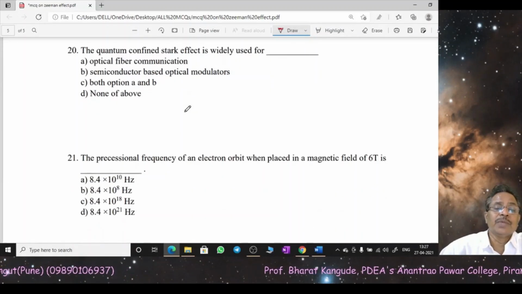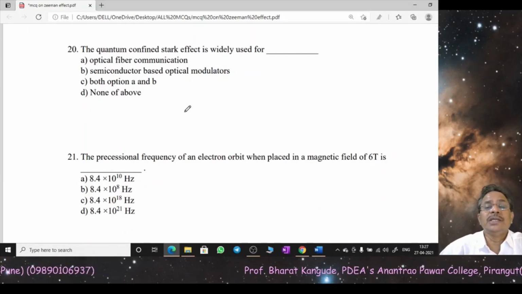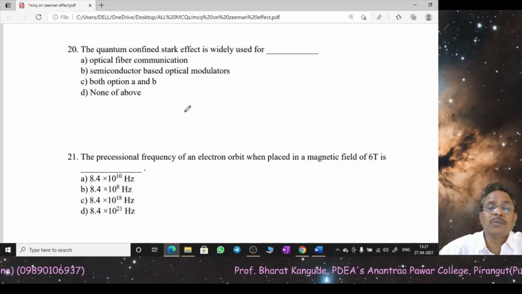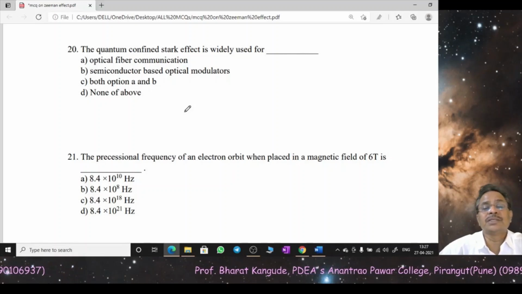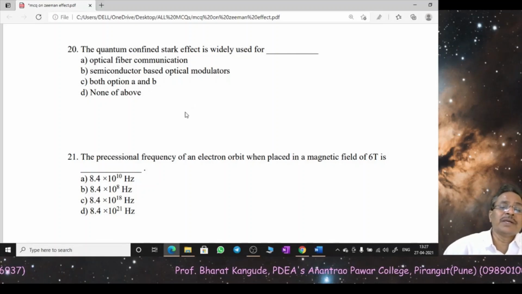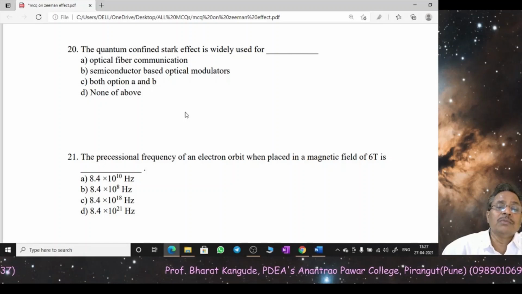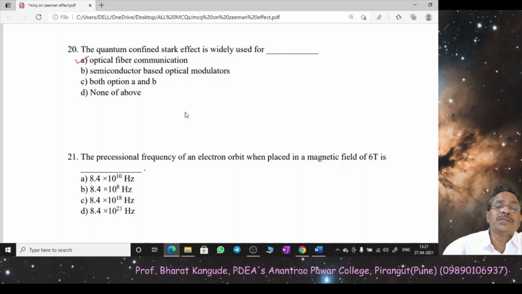Question number 20: the quantum confined Stark effect is widely used for. When we use the vector atom model and go for the study of the Stark effect, that is called the quantum confined Stark effect, and it is widely useful in quantum optical communication and optical fiber communication, where semiconductor based optical modulators are used.